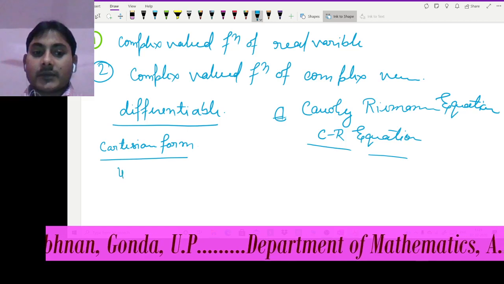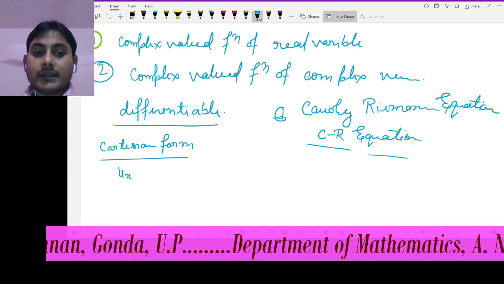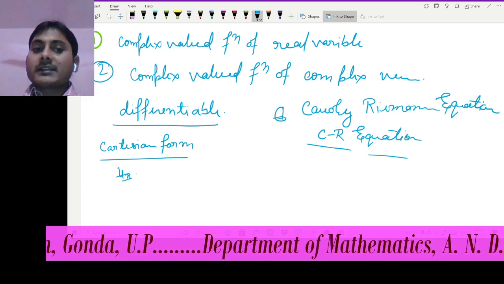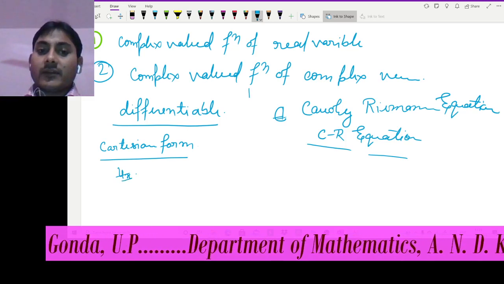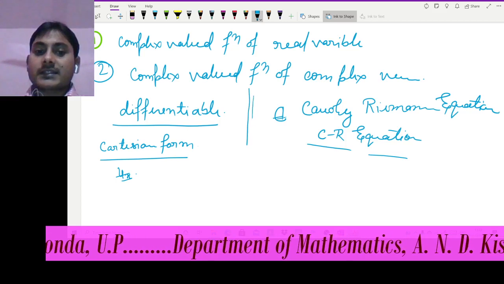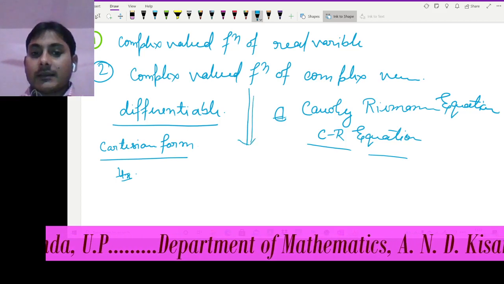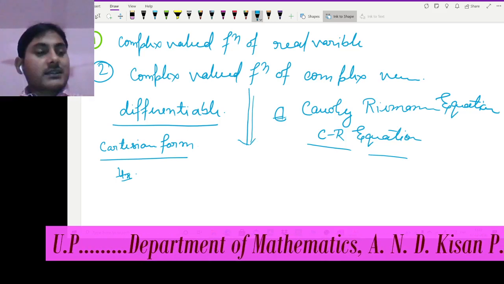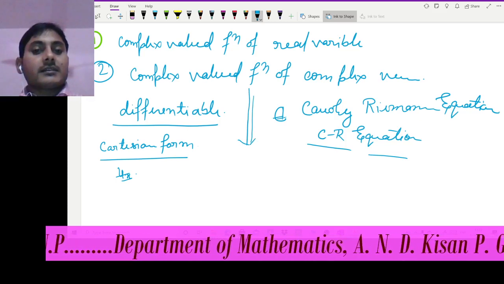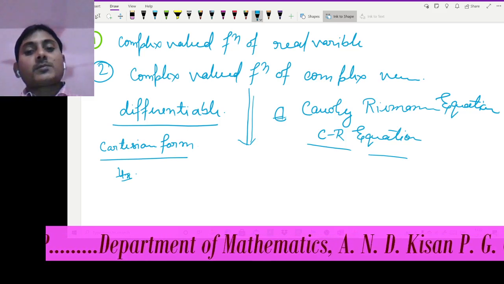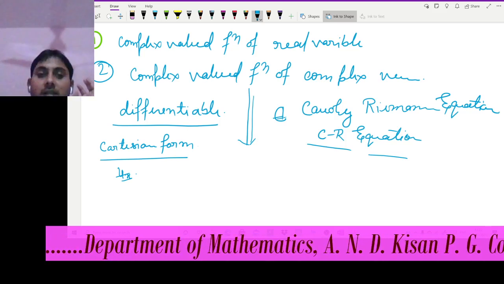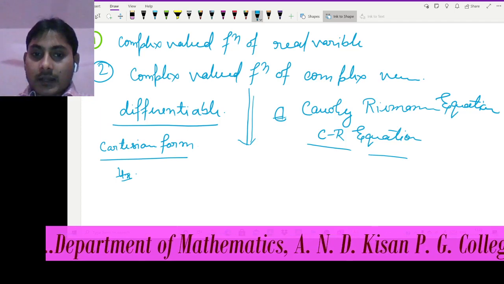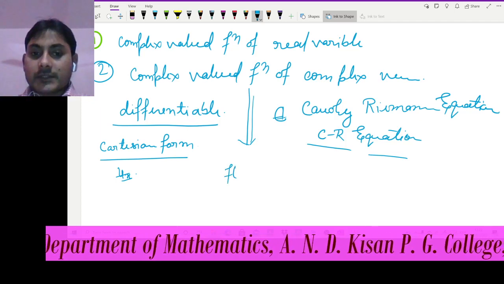Before moving further, first of all let's see the general form of this kind of functions, because without knowing the general form of these functions, it is not possible to understand the Cauchy-Riemann equation. Suppose you have f of z.